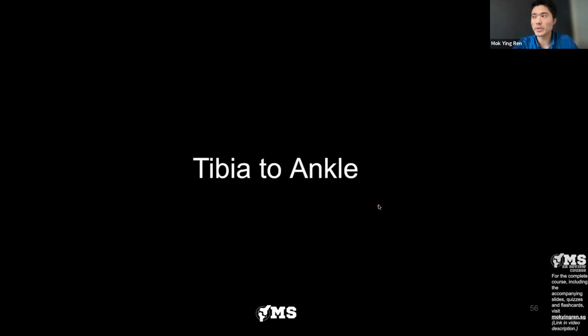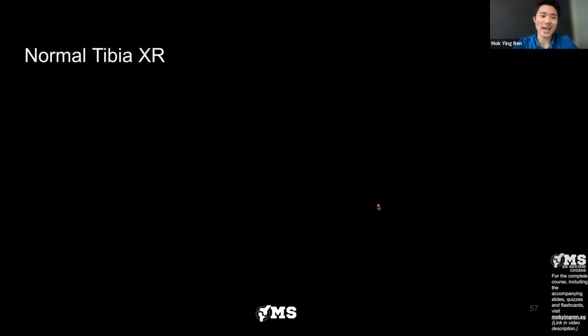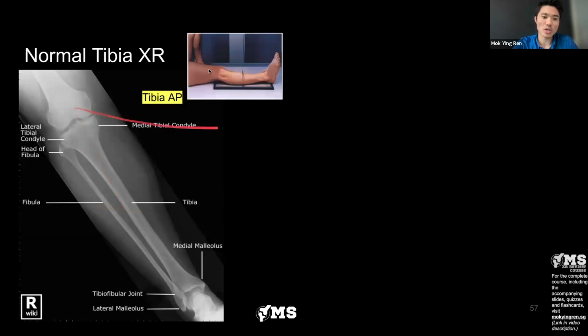Now moving on further, we'll be going down to the tibia and the ankle. This is a normal tibia X-ray. You can see the entire tibia, with the tibia as well as the fibula. And of course, whichever you use to orientate yourself, the fibula will be lateral.